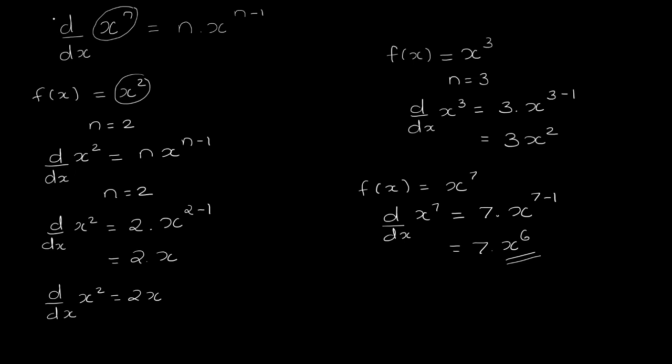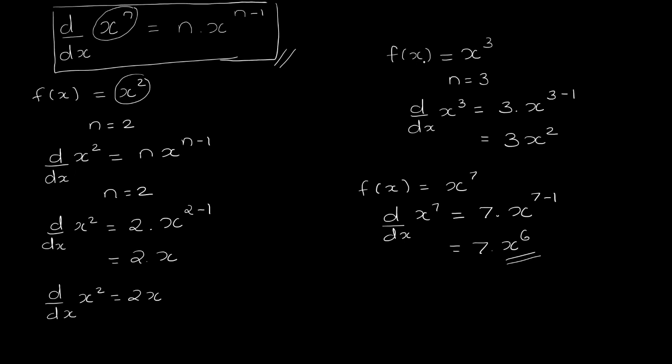So this is how we apply the formula d by dx of x raised to n is equal to n x raised to n minus 1. This is very important. You can get a question in the exam asking you to find the derivative of, or differentiate, this.